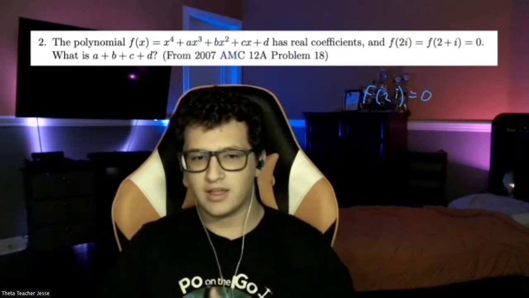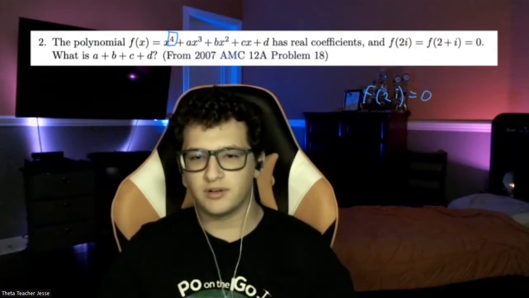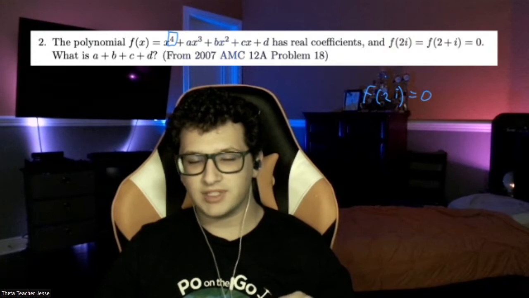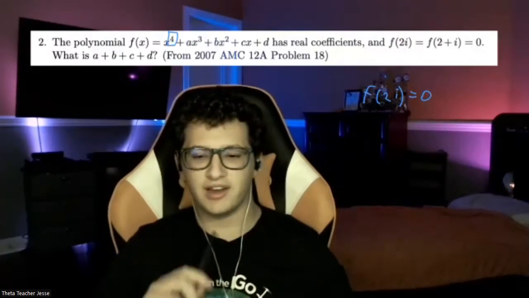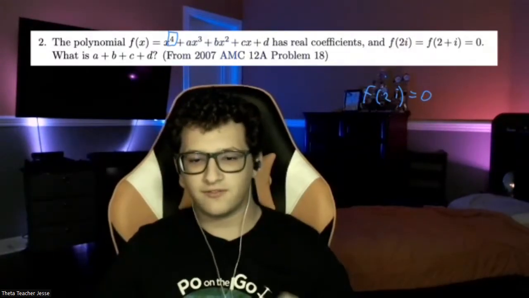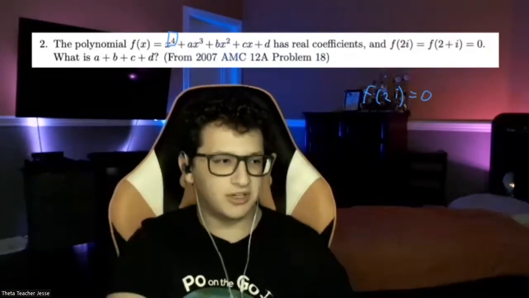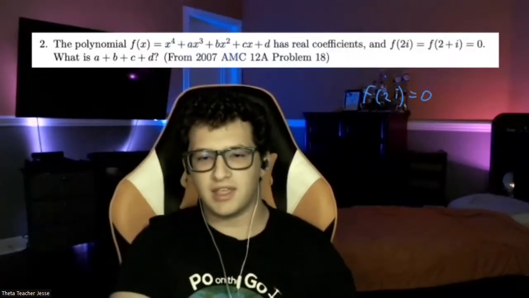Okay, do you guys notice that our highest power is 4? Does anyone know how many roots this polynomial has? A root is the same as a solution, something that when you plug in, you get 0. 4, yes. The reason we have 4 is the fundamental theorem of algebra: the highest power is the highest number of solutions you can have.